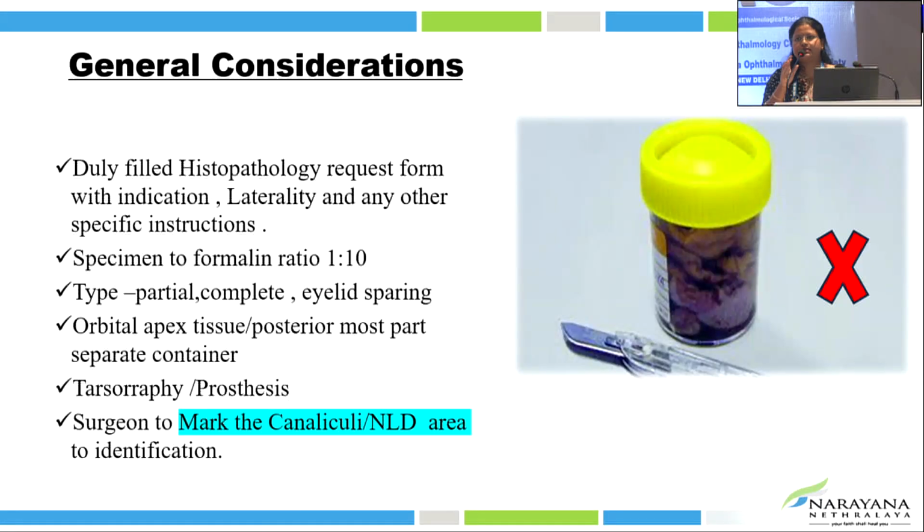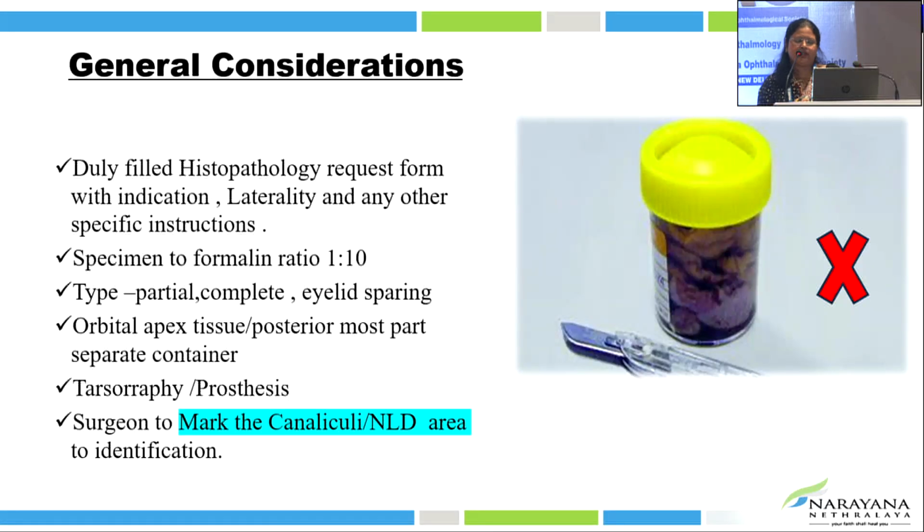In an exenteration sample, it is very important to mention if it's an eyelid-sparing exenteration, or a complete or partial exenteration, because sometimes we get samples which are totally distorted. A Cutler-Beard may have been done prior, or there's a huge ulcer, and we can't make out the upper eyelid from the lower eyelid, so please mark it out for us.